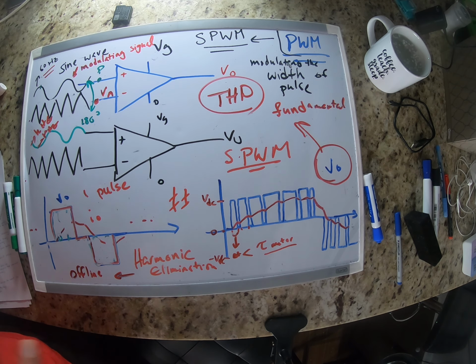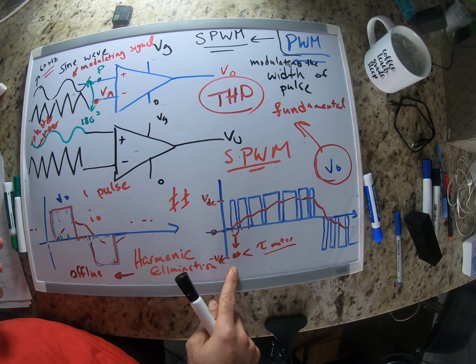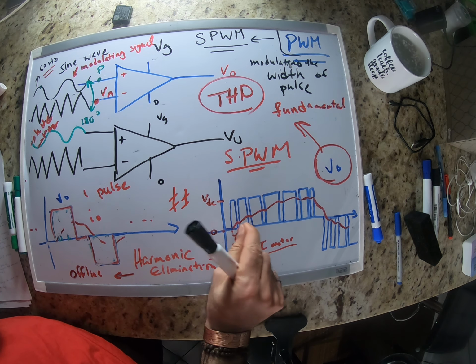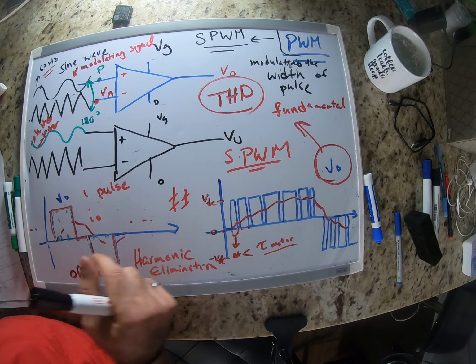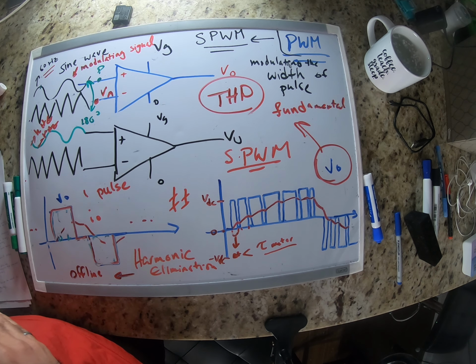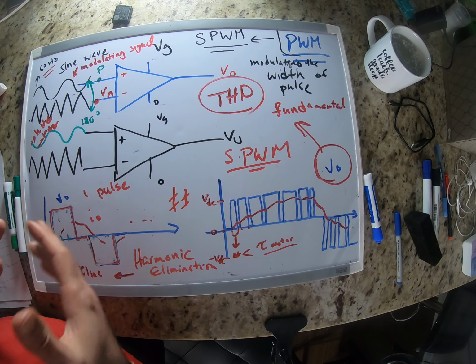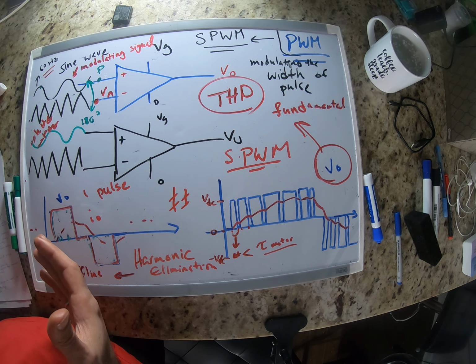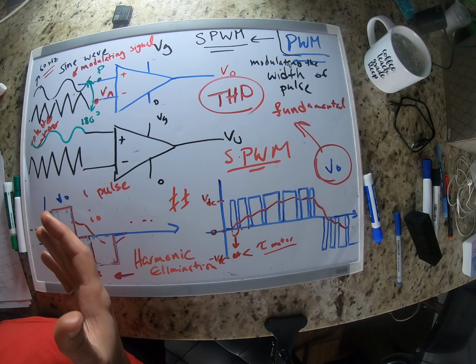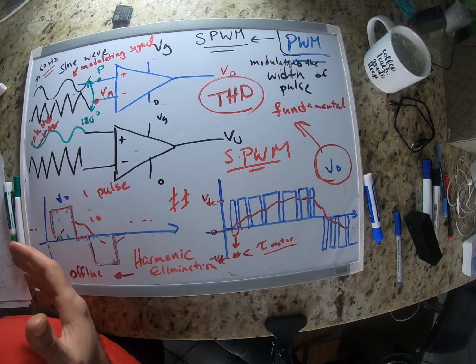You wouldn't have pulsating torque, as I mentioned earlier. Your motor is going to run smoother because it wouldn't sense these discrete signals. These signals are much smaller than the time response of the motor. I always compare this to watching a movie. When you watch a movie, you're seeing 24 discrete pictures in one second, but our eyes cannot detect it because our eyes are not as fast.